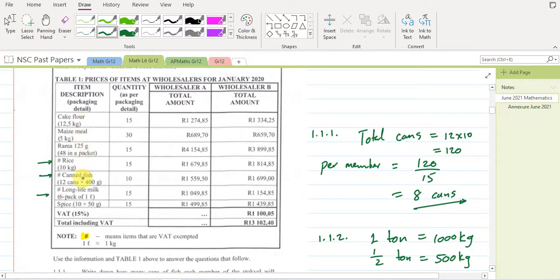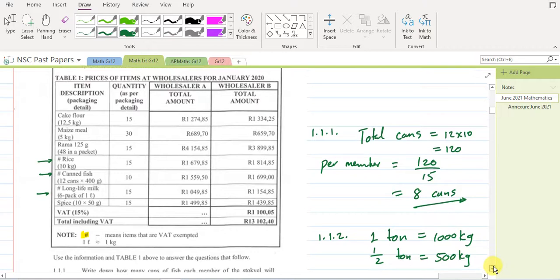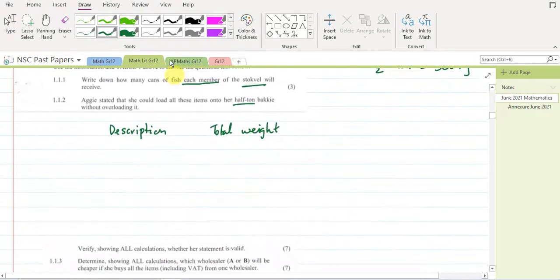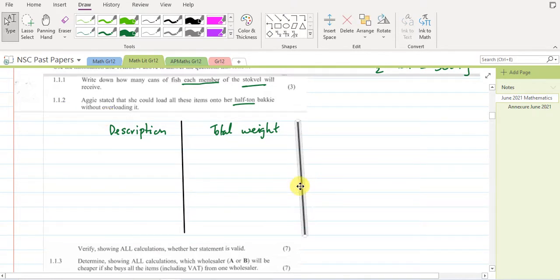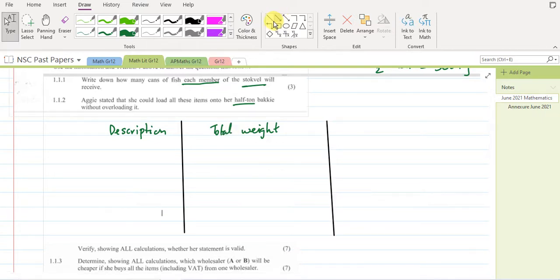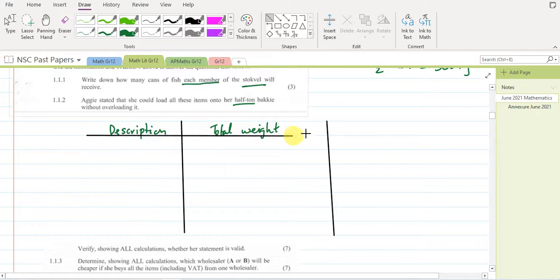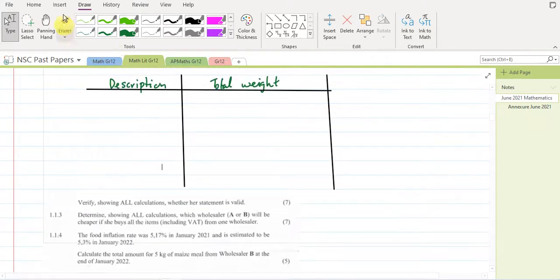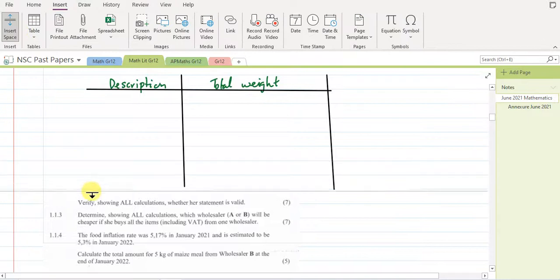There's 1, 2, 3, 4, 5, 6, 7 items, right? Let's work out the total weight of these 7 items. I just put a line here. So we got 1, 2, 3, 4, 5, 6, 7, right? And then we're going to total at the end. So we need to do some calculations on this side. Make a nice table and calculate it.